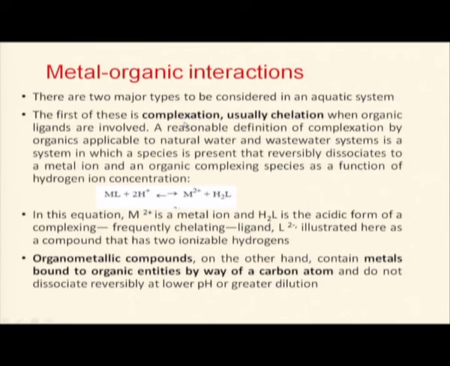In this equation, M2+ is the metal ion, and H2L is the acidic form of the complexing agent. Frequently it is a chelating ligand, which means it binds the organic ligand at more than one site to form the complex. I will explain this a little later. That is, the ligand will be multidentate to form compounds here.